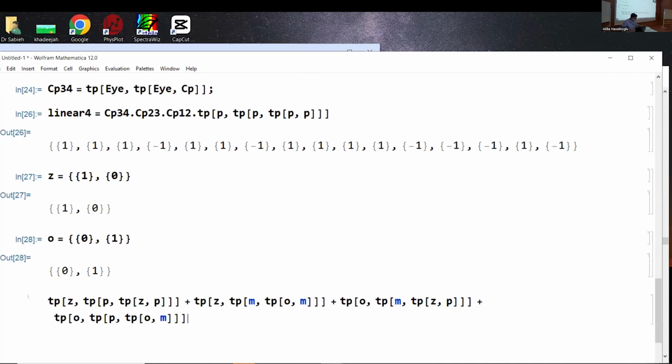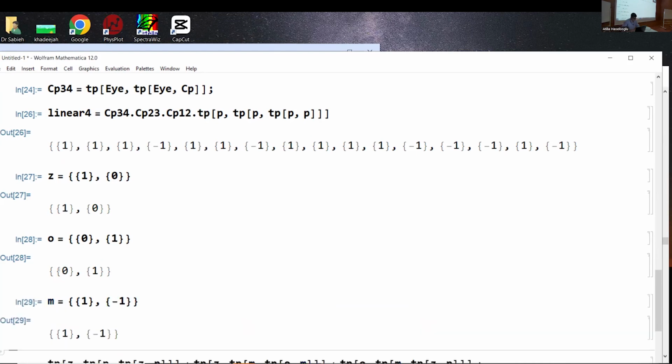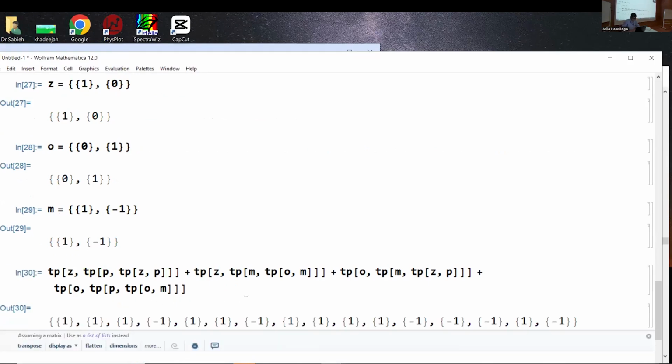Tensor product of 0+0+, 0+0-, 0-1-, 1-0+, 1+1-. So I also need to define a minus state. So let's see, is this equal to linear 4?